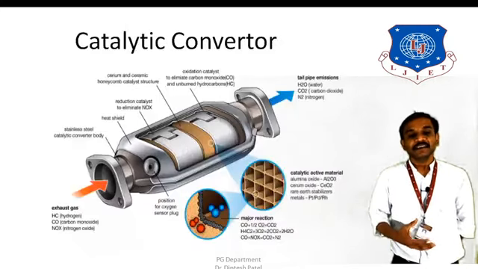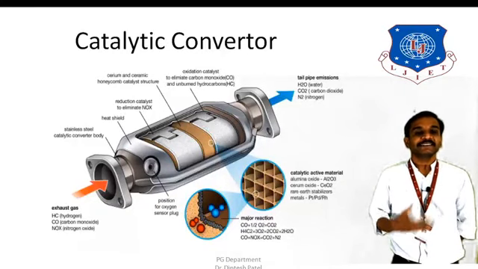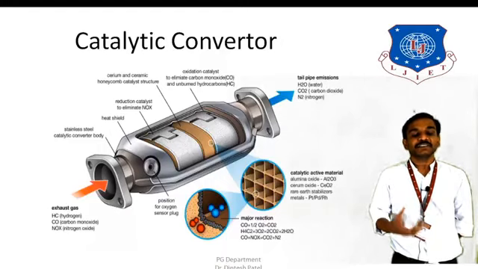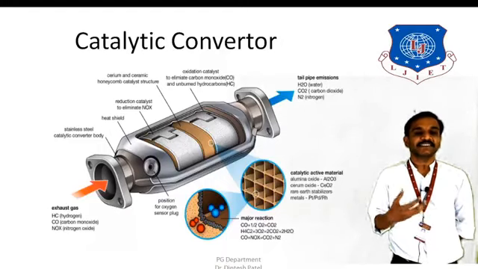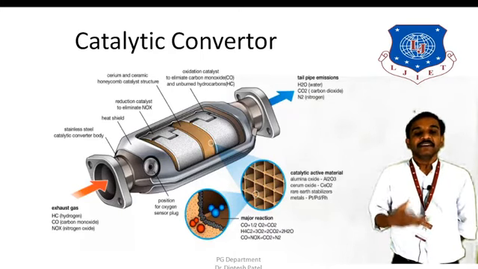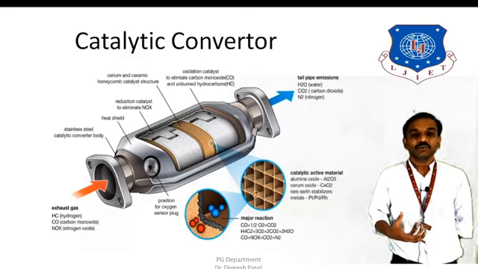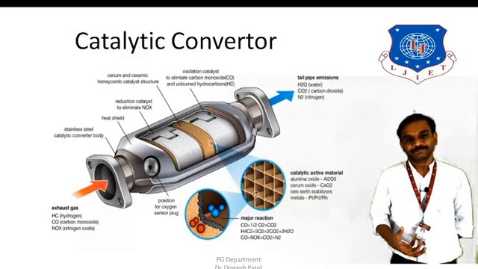Next one, and one of the concrete solutions to reduce the overall emission, is the catalytic converter. Now the catalytic converter would reduce all 3 harmful gases such as HC, CO and NOx, and convert them into non-objectionable gases such as H2O, CO2 and nitrogen.